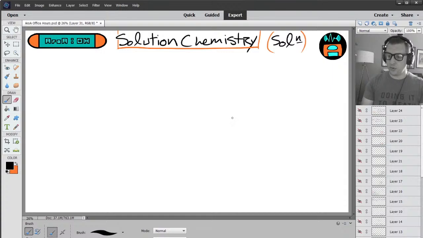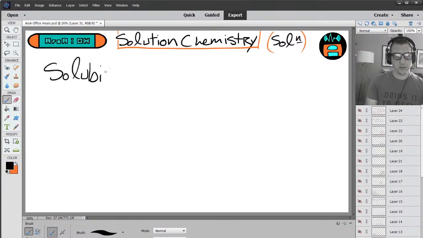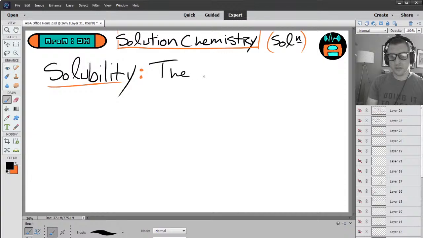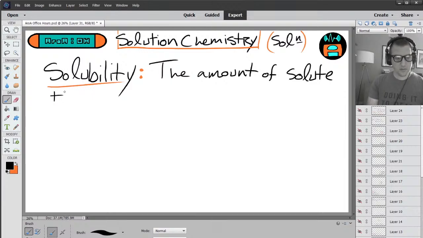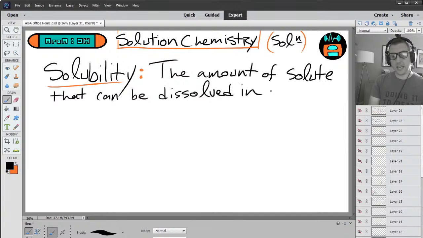Now, once we start talking about solubility, solubility is concerned with the amount of solute that can be dissolved in an amount of solvent.